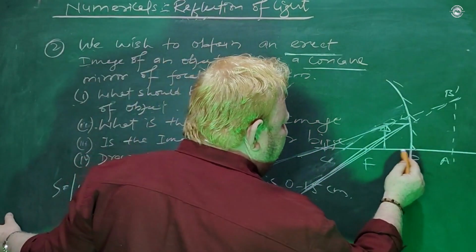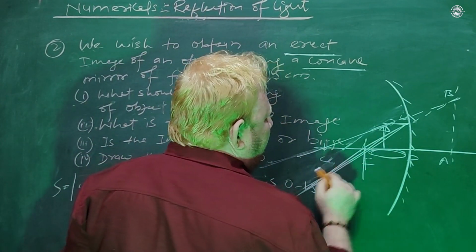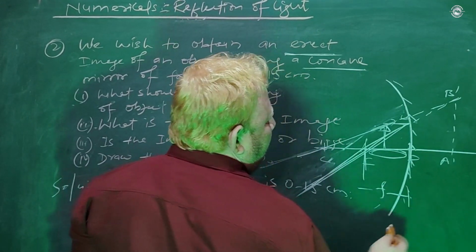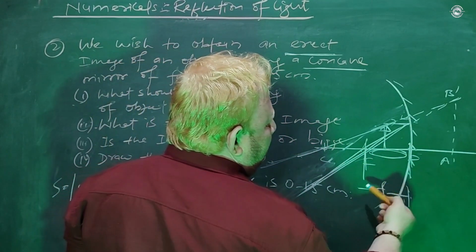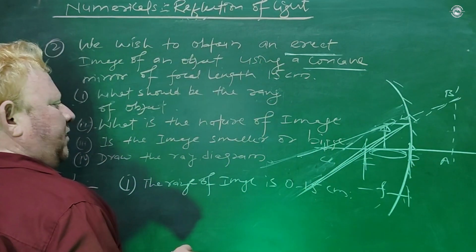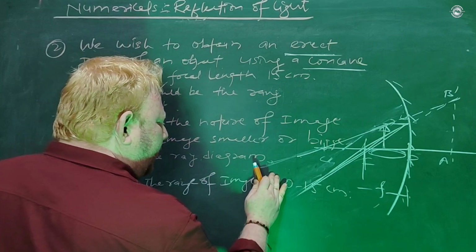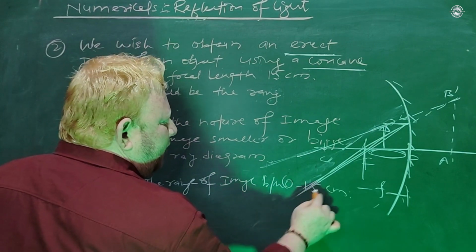This is the range, and this is the focal length. So the object is to be placed in between 0 to 15. You can write here between 0 to 15.